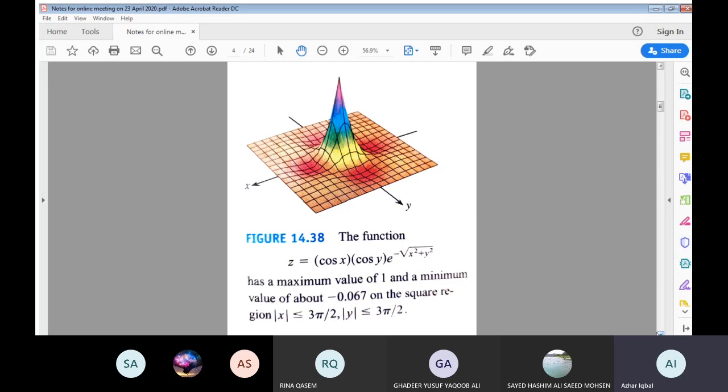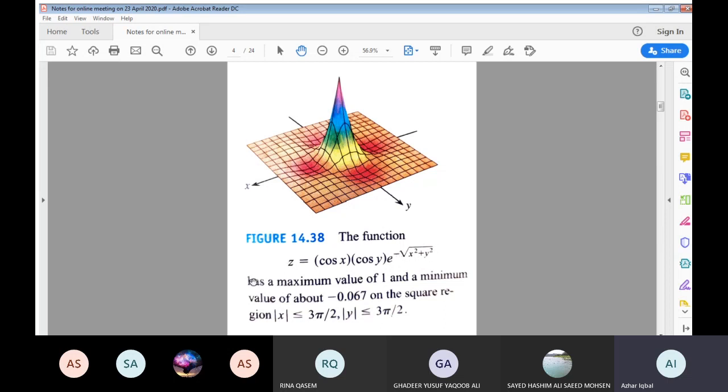Here we have an example of a function which appears as figure 14.38 in your textbook, and this is a graph of the function. This one here is cosine x, cosine y, and e raised to the power minus the square root of x squared plus y squared.